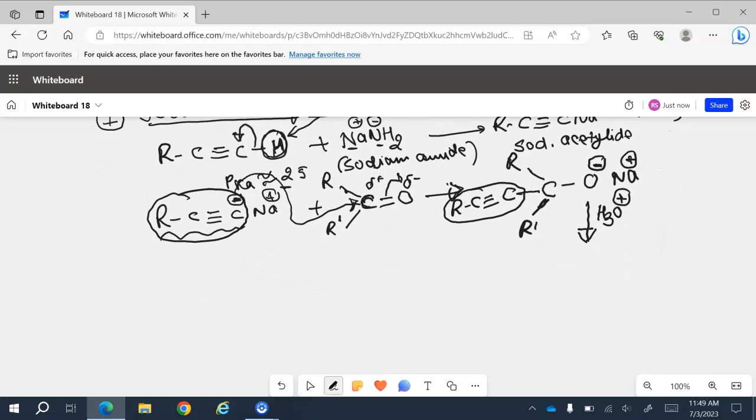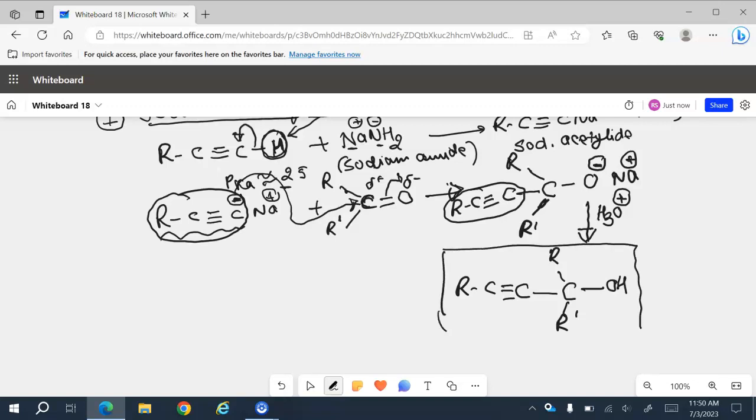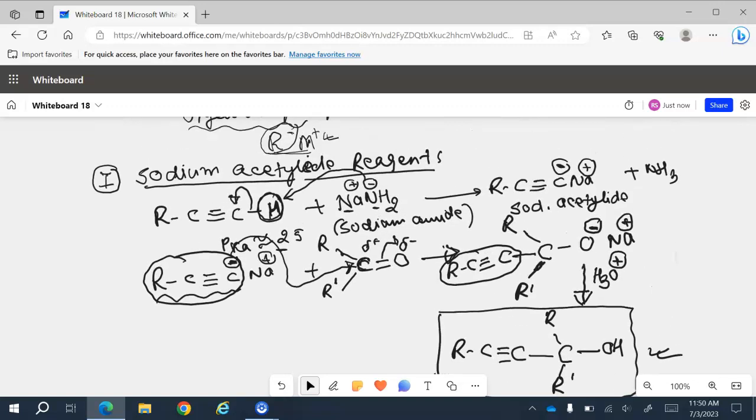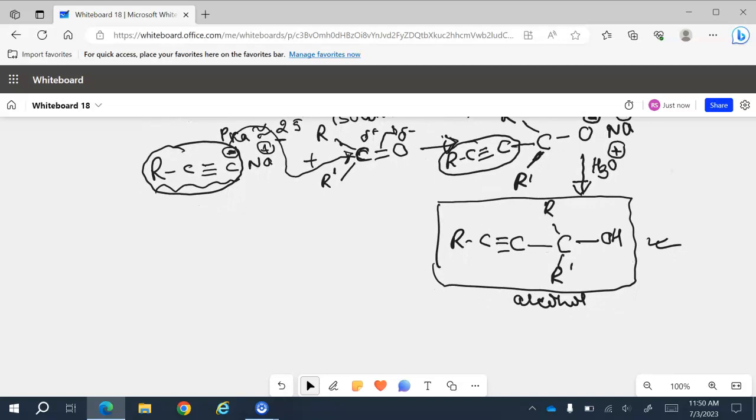Then the O minus will grab the proton and generate the alcohol, RC R prime, with RC triple bond C here, and the O minus becomes OH. That is how you get the alcohol as the product. The other side products will be sodium hydroxide and so on, but this is the alcohol product. That is how we generate it using the sodium acetylide reagent.